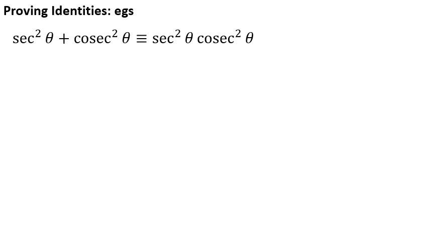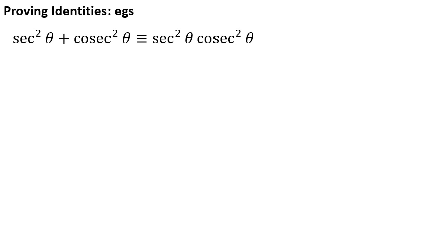Sec squared theta plus cosec squared theta, according to this claim, is identical to sec squared theta multiplied by cosec squared theta, regardless of the value of theta. Somehow the sum of these two functions and the product of these two functions should always be the same, and it is not obvious immediately why that's the case.